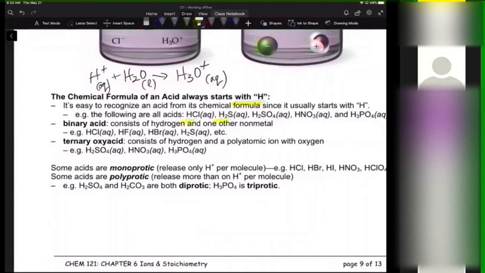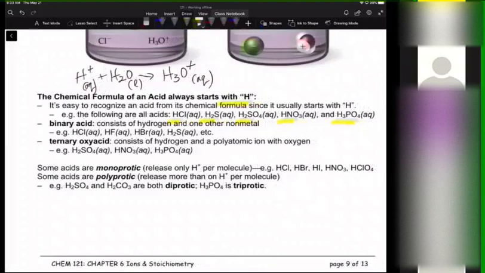So these are our usual acids. These are some really common ones. That H in front can come off, and that's what makes it the acid, releases that H+. So a binary acid is just two things. Notice these guys are the halogens. They're the nonmetal side.